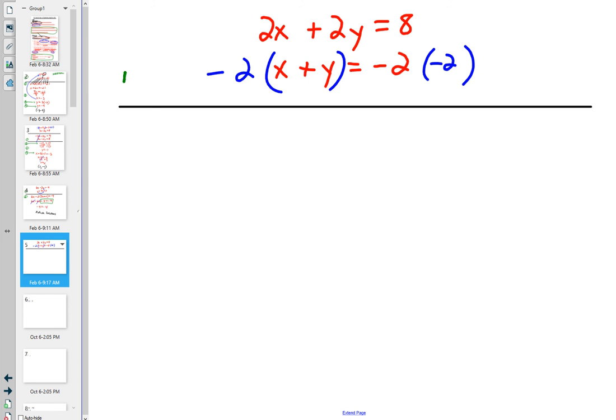Step 1 is will be done afterwards. 2x plus 2y equals 8. Negative 2x minus 2y is equal to 4.